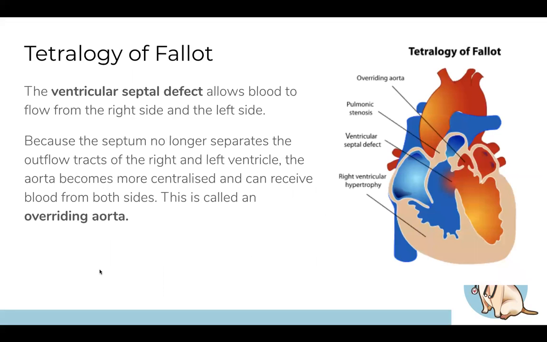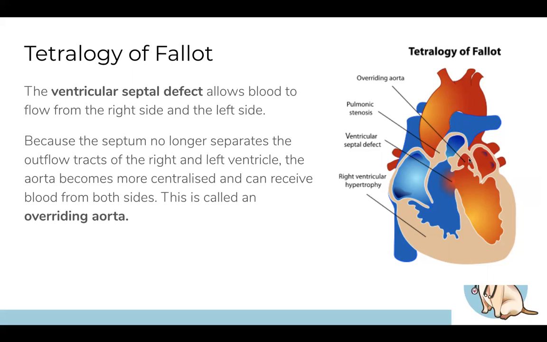So then we're going to talk about a ventricular septal defect. This allows blood to flow from the right side to the left side because it no longer separates it. So this comes to the concept of the overriding aorta. Because we don't really have a septum that separates the outflow tract of the right ventricle and the left ventricle, the aorta is a bit more centralized, over both the right side and the left side.